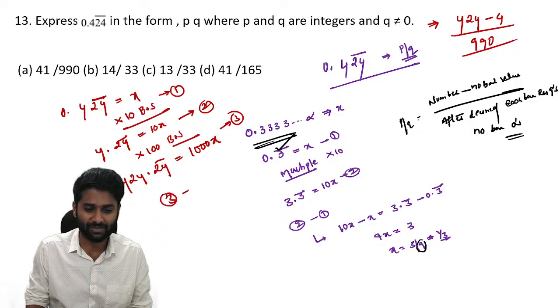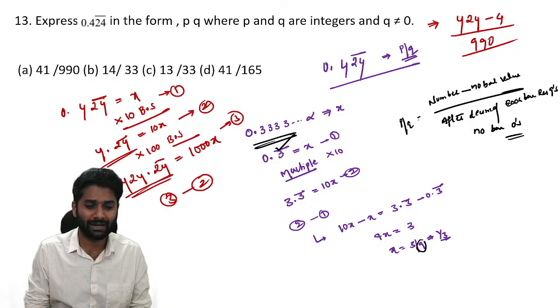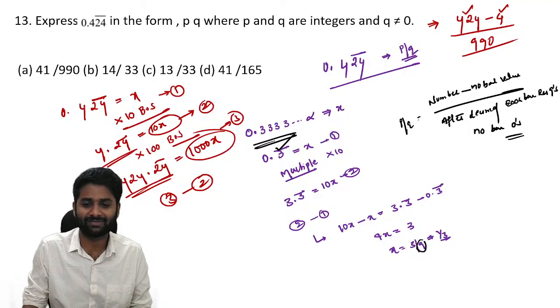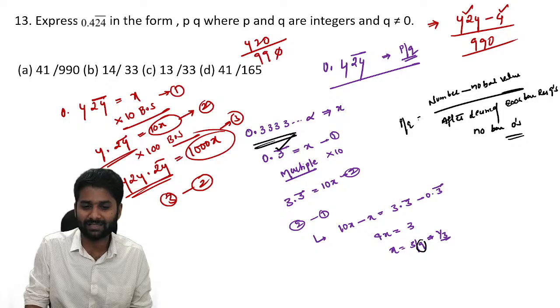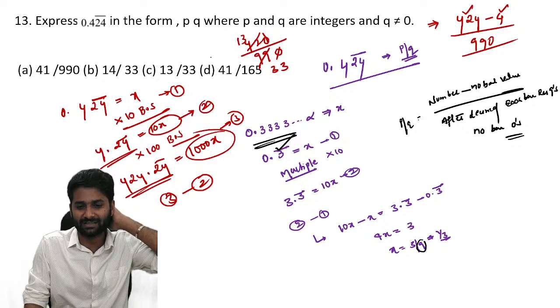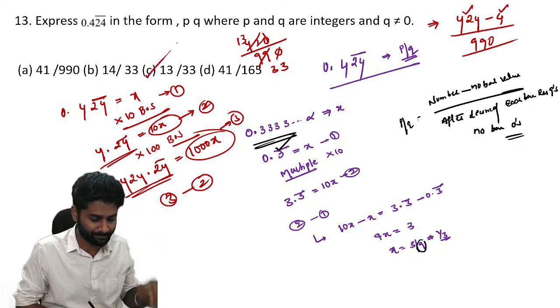That's why 3 minus 2: 424.24 bar minus 4.24 bar. It means 424 minus 4, divided by 1000x minus 10x, which is 990x. So directly you can take 420 divided by 990. 0, 0 cancel. Clear? It's 33 times, it's 13 times. So the answer is 13 by 33.